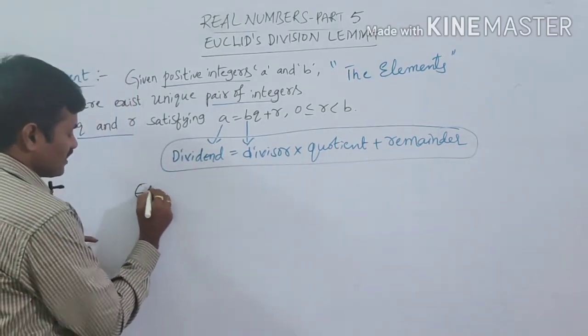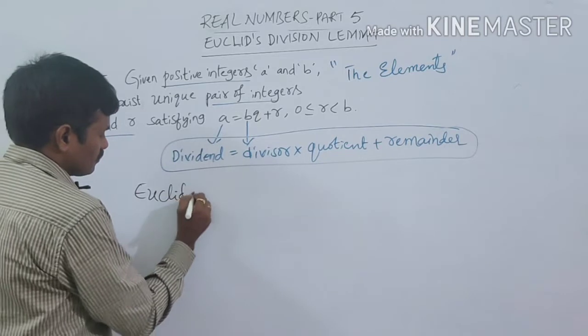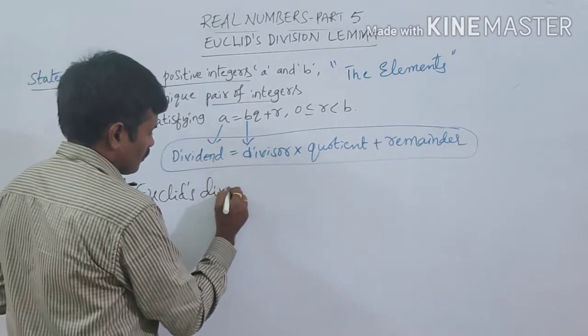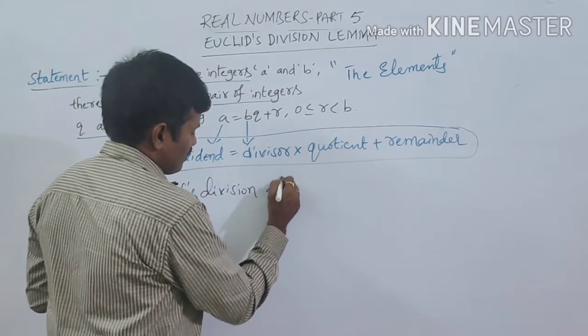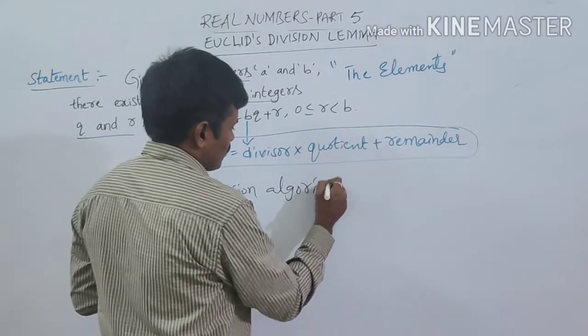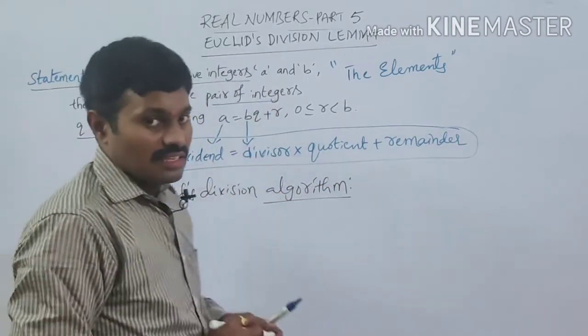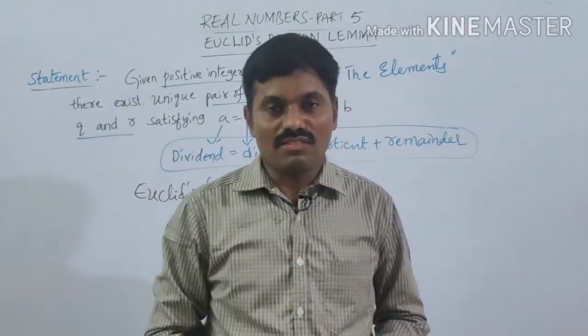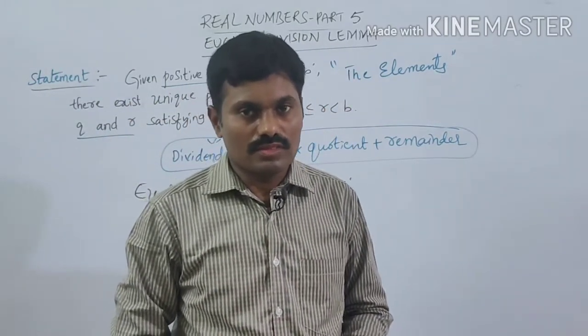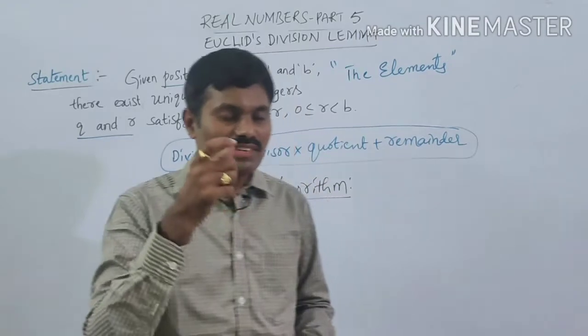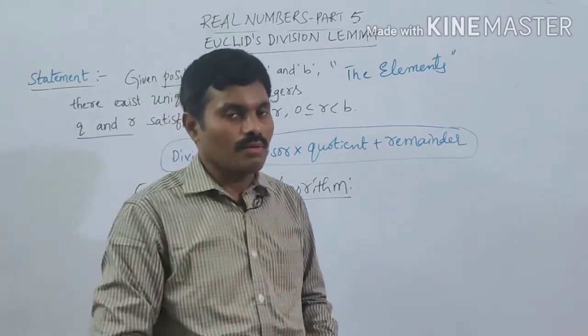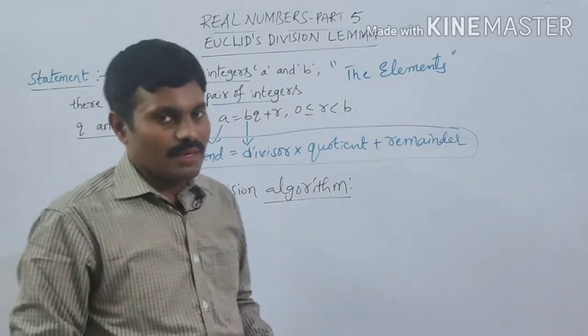What is the difference between these two? Here algorithm means a sequence of steps to solve any one problem, whatever it may be.